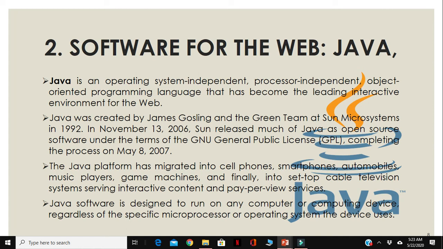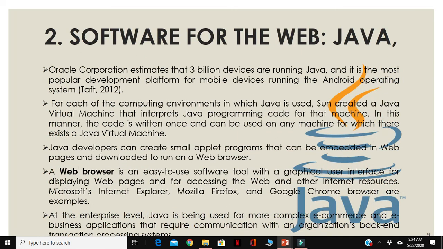The Java platform has migrated into cell phones, smartphones, automobiles, music players, game machines, and finally into set-top cable television systems serving interactive content and pay-per-view services. Oracle Corporation estimates that 3 billion devices are running Java. So the main advantage of Java is that it is operating system independent and platform independent.